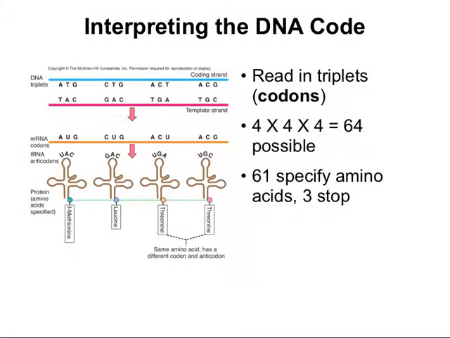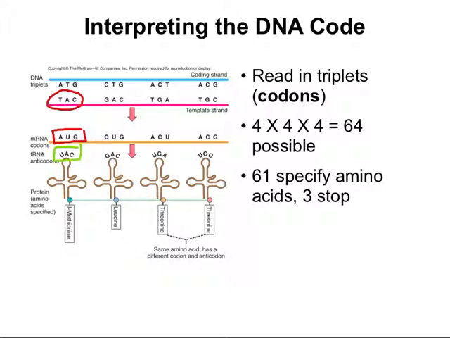So again, to review how the message gets from the DNA, we have the template strand, which actually has the relevant information on it. And when that's transcribed, it produces a messenger RNA. The messenger RNA has codons on it. And then the transfer RNA comes along, and it has a matching anticodon that links up with the codon on the messenger RNA.